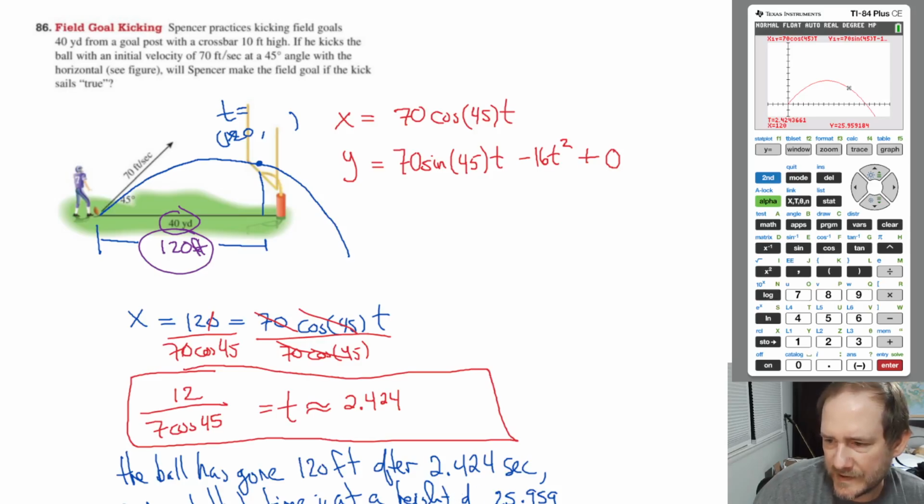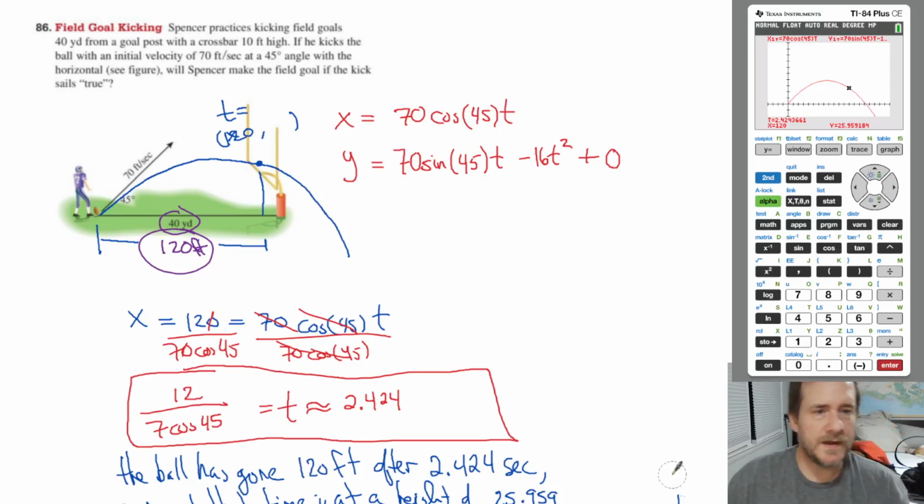So I'm saying it's at a height of 25.959, which is higher than the crossbar. So it is a field goal! Exclamation point. And I know that you can't see that, but now you can.